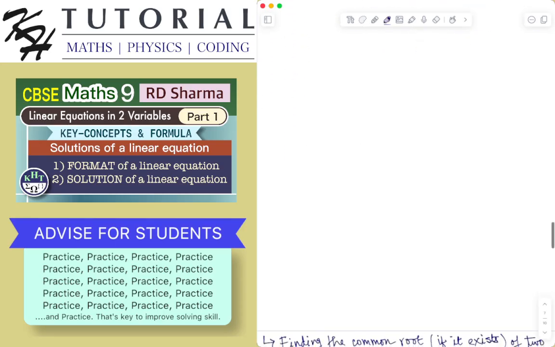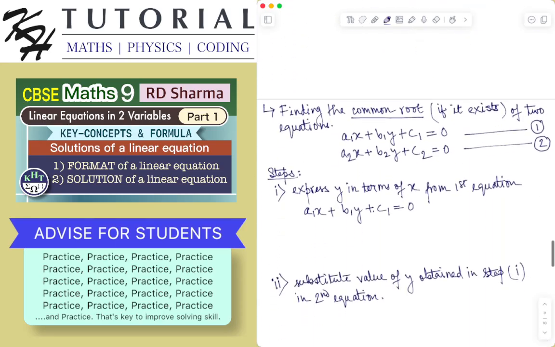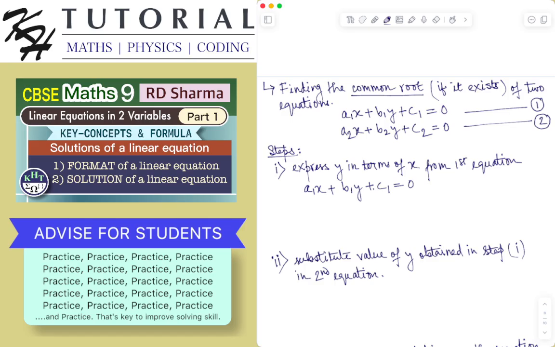Okay, now this concept probably will not be there in class 9, but I think it will be a good thing if you know this. Suppose you are given two linear equations in x and y. The first one is a1x plus b1y plus c1 equals to 0.